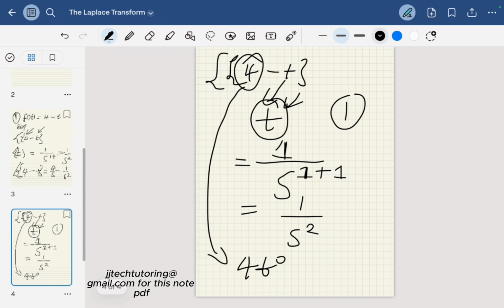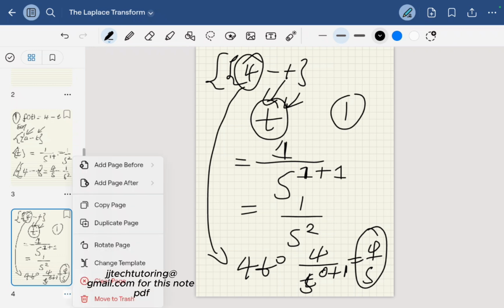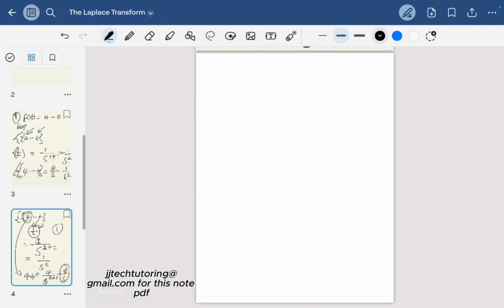So it will be 4 divided by s to the 0 plus 1, then from there 4 over s. And then you say 4 over s minus 1 over s squared. I hope this is very clear.